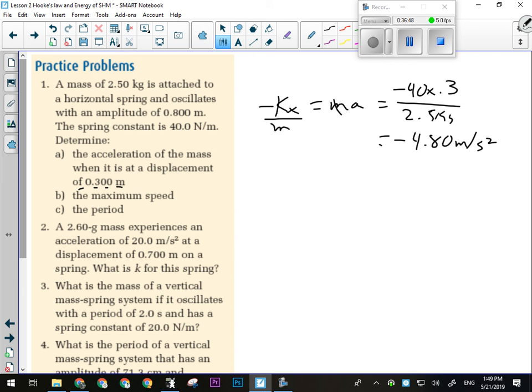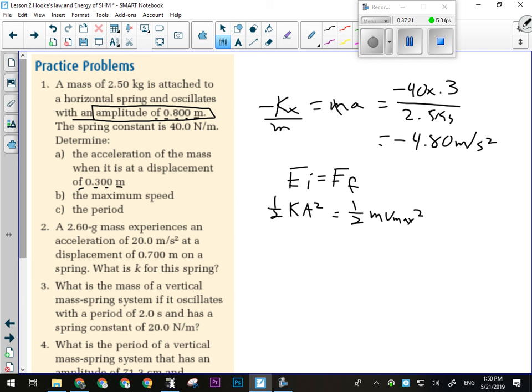To calculate the maximum speed, now I want to use this. Remember that that's the amplitude. At the maximum amplitude, we only have potential energy, and maximum speed occurs at equilibrium. So really what we're saying is E initial equals E final: 1/2 k a squared, where the maximum potential energy occurs, equals 1/2 m v max squared. We're solving for that maximum speed.